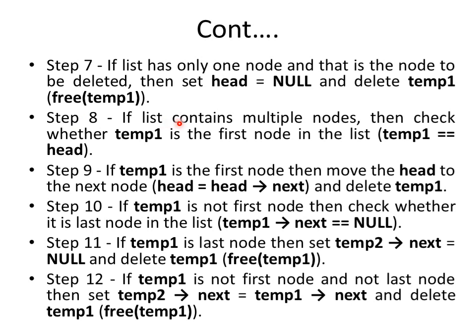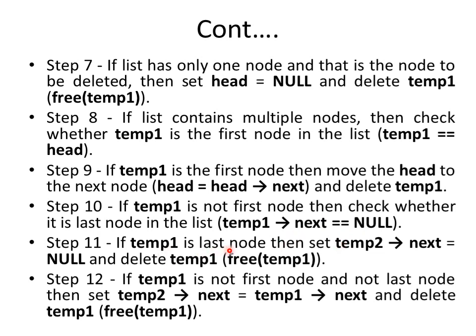Next step: if the list contains multiple nodes, then check whether temp1 is the first node in the list, that is temp equals head. If temp1 is the first node, then move head to the next node, that is head equals head of next, and delete temp1. Step 10: if temp1 is not the first node, then check whether it is the last node in the list, that is temp1 of next equals null.